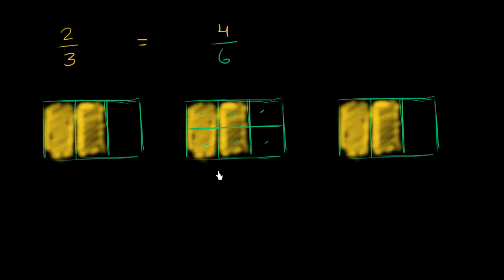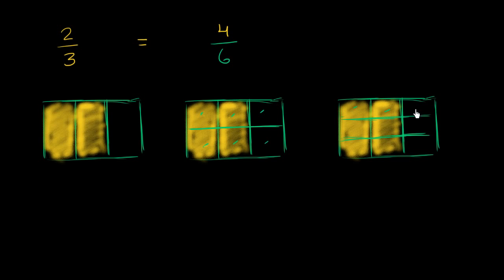Now we could do something very similar. Instead of dividing each of these thirds into 2, we could divide each of these thirds into 3. So I could draw 3 horizontal lines here. So let's see, 1, 2, 3. So now I have divided what was 3 equal sections, I now have 3 times as many sections.